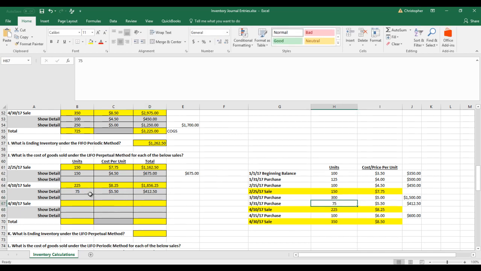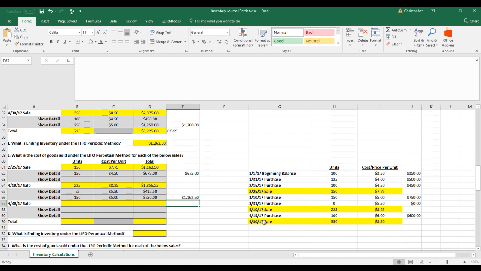Pulling those over, but we still need 150 more. Oh, by the way, we'll zero this out because we used it. We can get 150 out of this 300 unit layer for $5 apiece. So we need 150 of them. We used them. We're down to 150 remaining. Our cost of goods sold there for the $1,856.25 sale was $1,162.50.